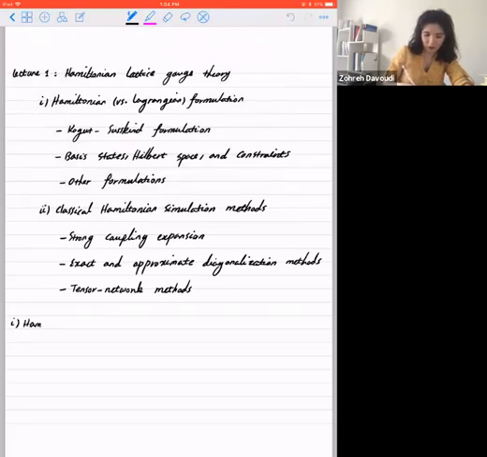With the Hamiltonian versus Lagrangian formulation.